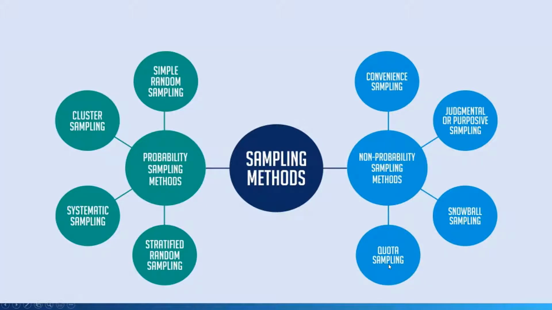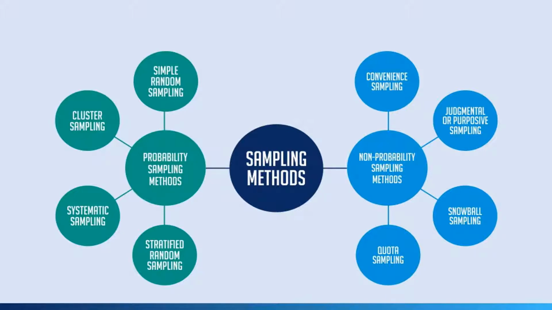Now, when we are talking about probability sampling, it is a technique that gives the most reliable representation of the whole population. It is the sampling technique in which samples from the larger population are chosen using a method based on the theory of probability.